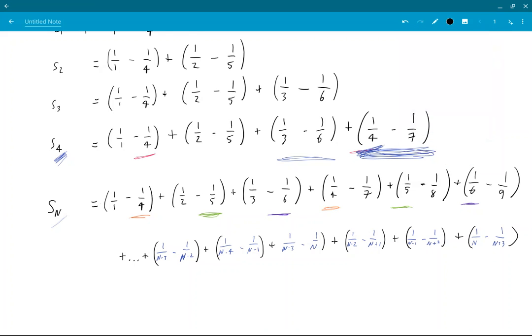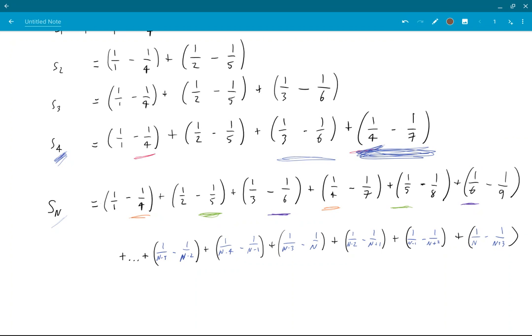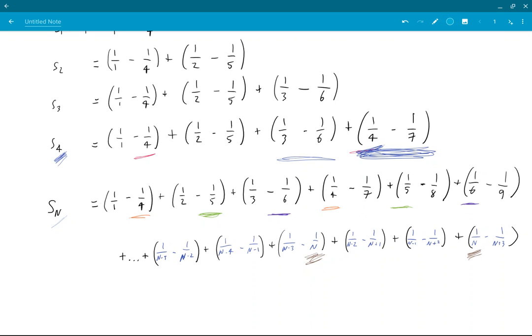Where was I? Looking at the tail of this sum, trying to decide what cancels on the end. Here we go. Plus 1 over N minus 1 over N. There we go. This is looking better. What else? Plus 1 over N minus 1, minus 1 over N minus 1.